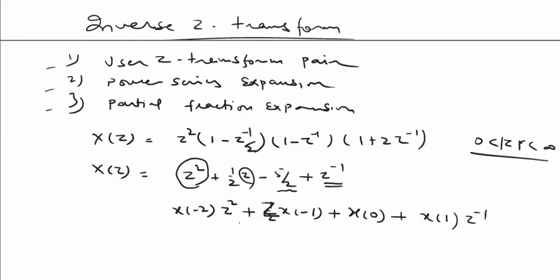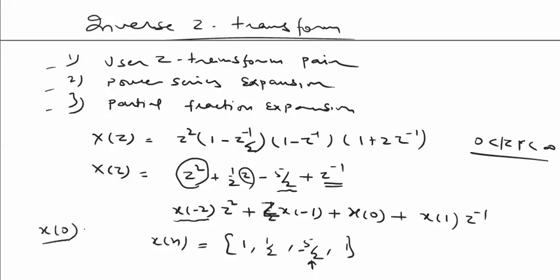Now we can write the expression in terms of samples because samples come directly from the locations minus 2, and in this case half at minus 1 location, 0 location and 1 location, remaining are 0. So we can find out any term. We can find out x0 because x0 is minus 5 by 2. We can find out any sample value in this way.